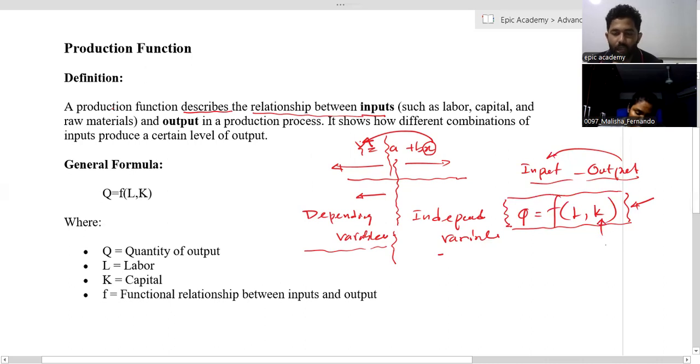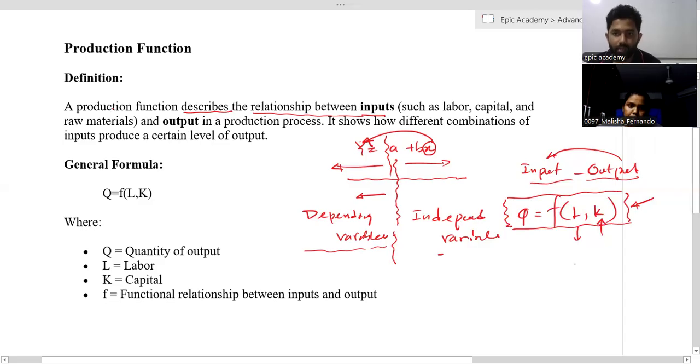Okay, K represents the level of capital. Capital means how many capital inputs we are going to use to produce that one. And L represents the labor input. Labor input means labor hours. Okay, labor hours. We are not going to consider the number of people, but the number of hours worked by the workers.